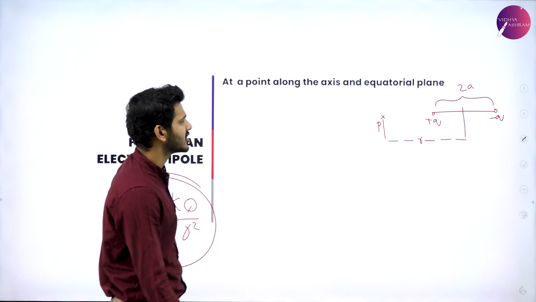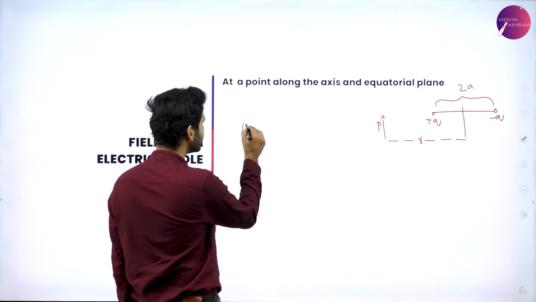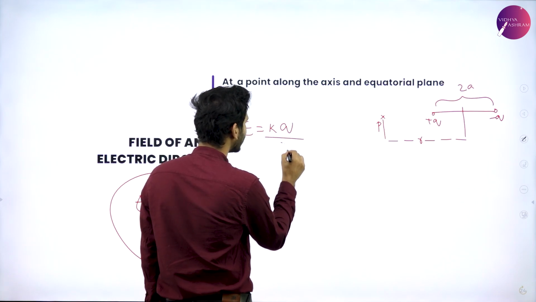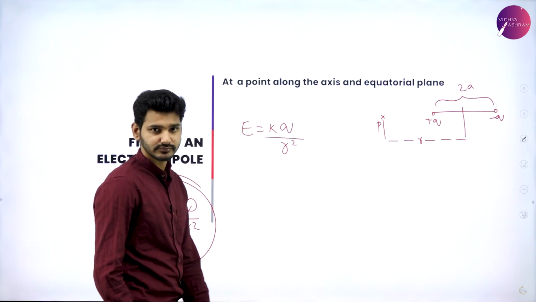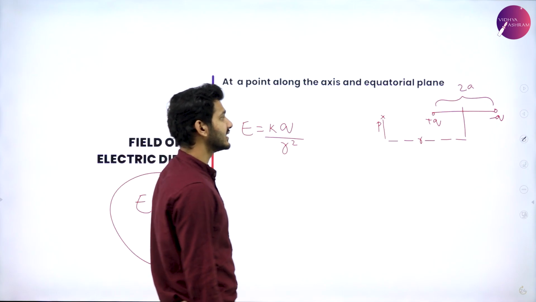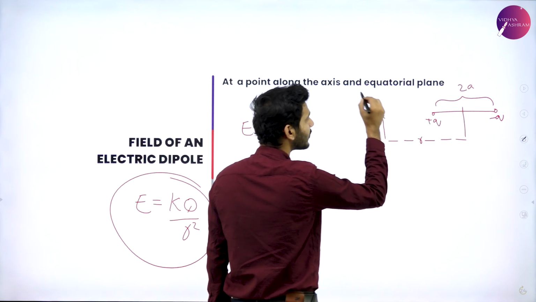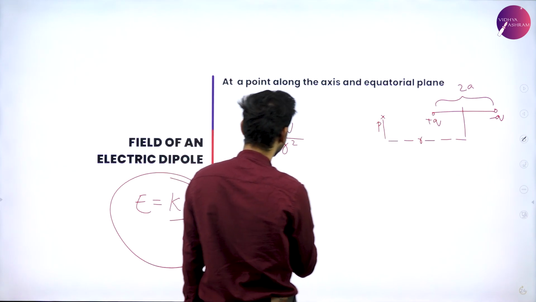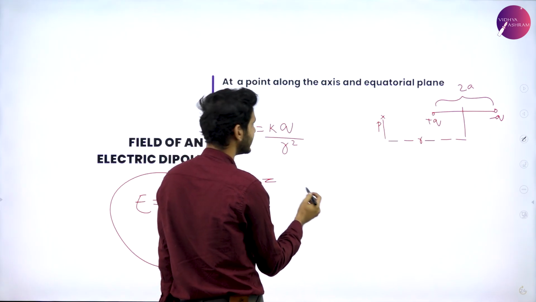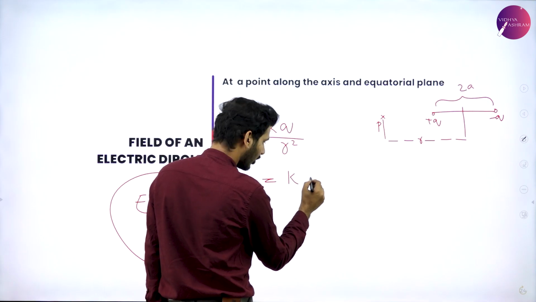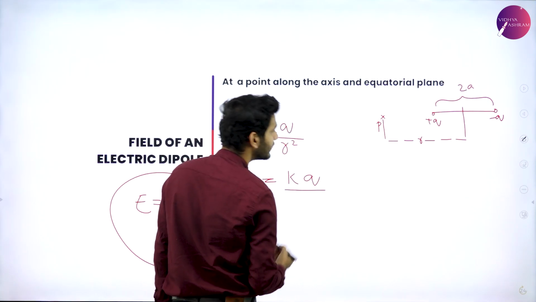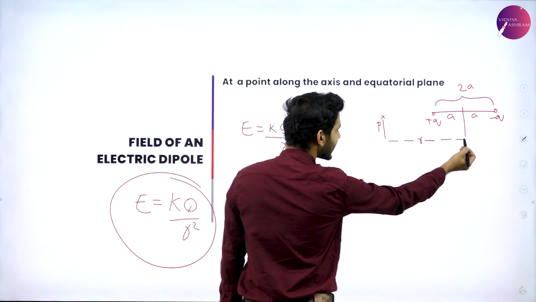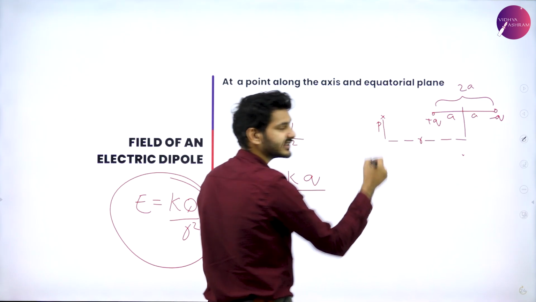Let's calculate that. First we know that E is equal to KQ divided by R square. But here the distance from this point to point P is not R, but rather, the field is K positive Q divided by, so this is A and this distance is A, so this is actually R minus A square.